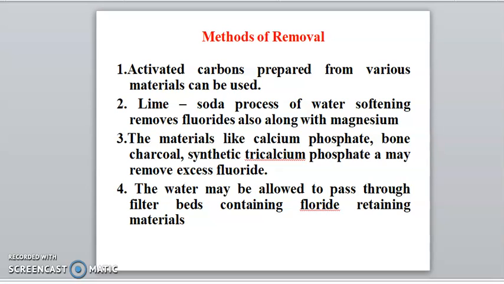Materials like calcium phosphate, bone charcoal and synthetic tricalcium phosphate may remove excess fluoride. Water may be allowed to pass through a filter bed containing fluoride-retaining material. Thank you. This is about the softening A and B part.